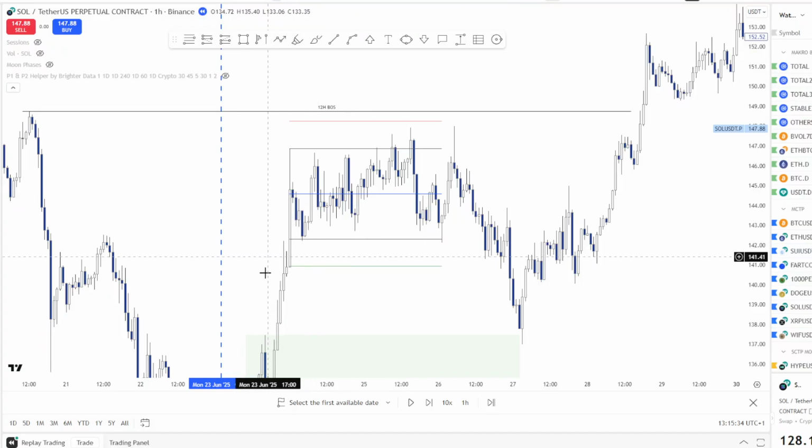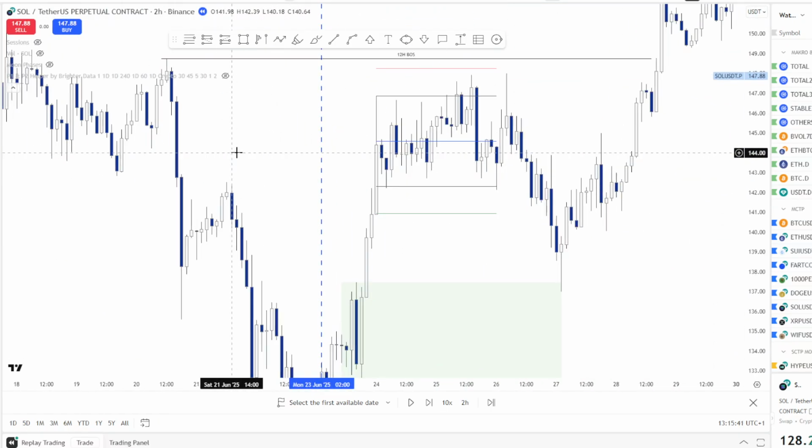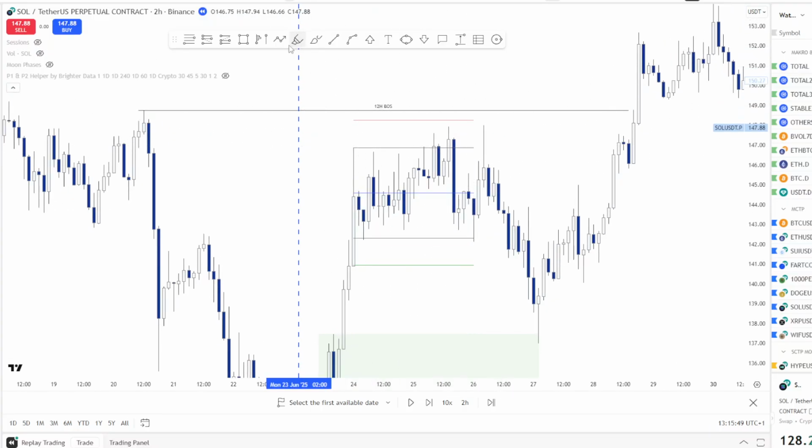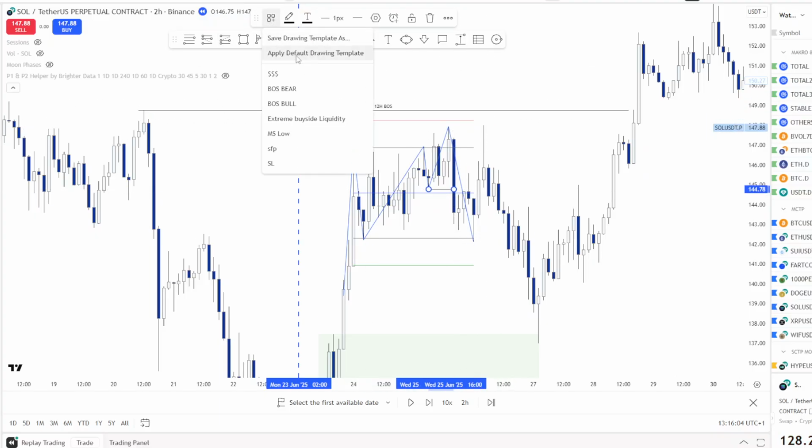So on the 1 hour, I can see it's valid. On the 2, up, down, up, down. So this is a 2-hour range. Up, down, and 2 candles down. So here we broke 2-hour market structure.